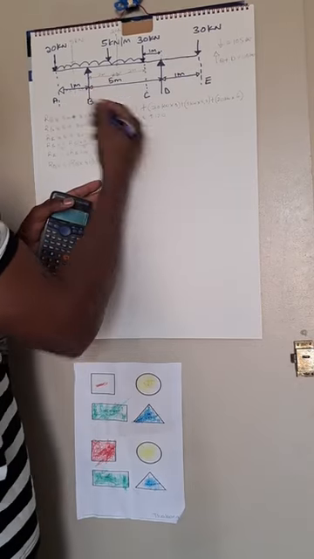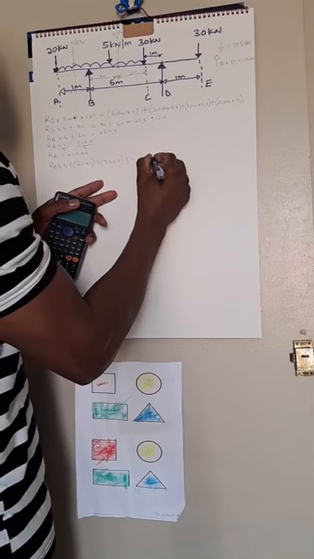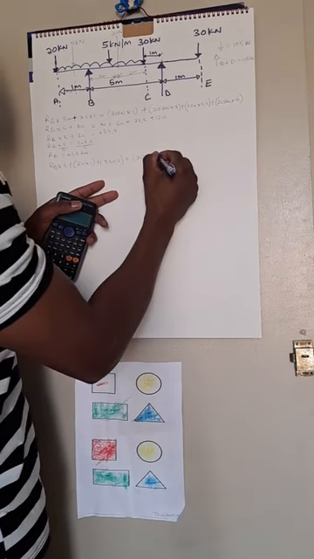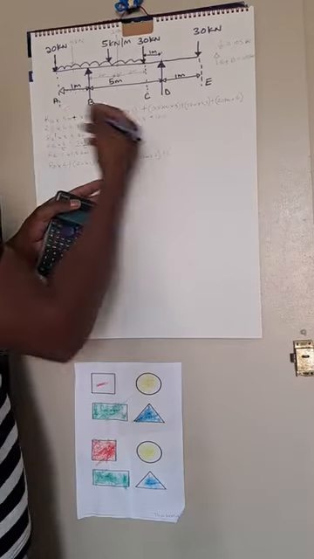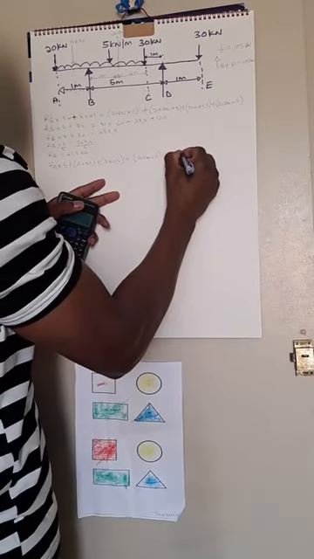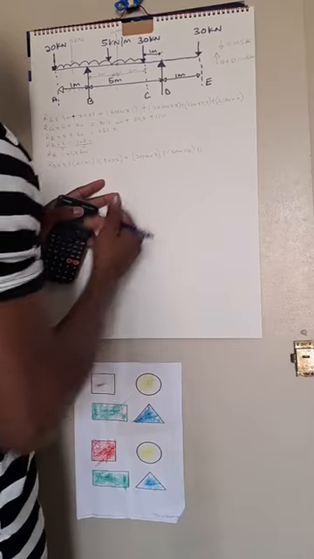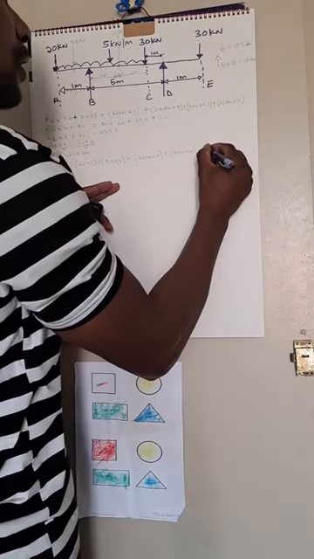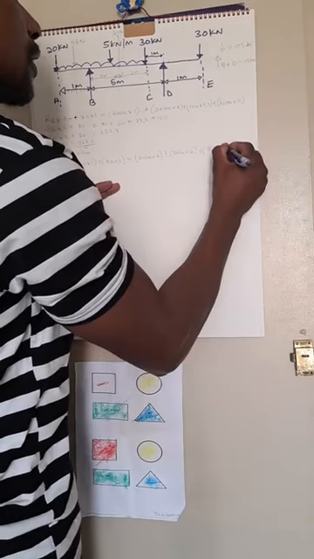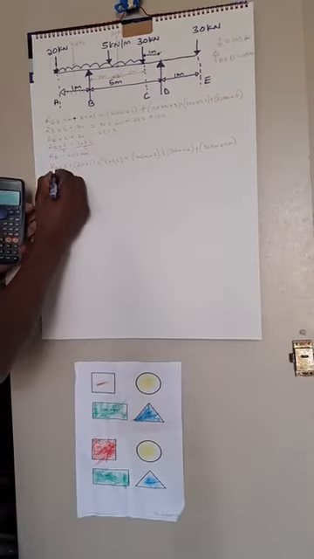Which ones are going here clockwise? We have 20 kilonewtons times the distance to this point, which is 2 meters, plus 30 rotating to this point, it becomes 30 kilonewtons times 4, plus 30 rotating to this point, it becomes 30 kilonewtons times 6 meters. So let's solve our diagram.